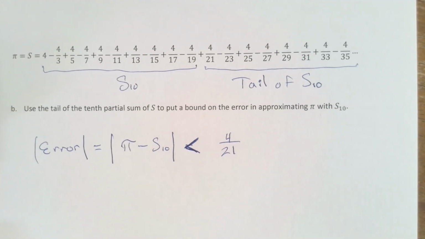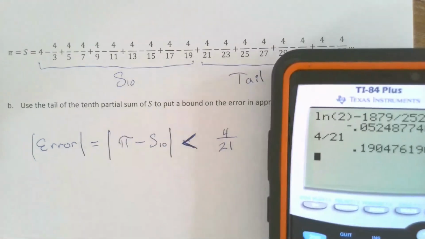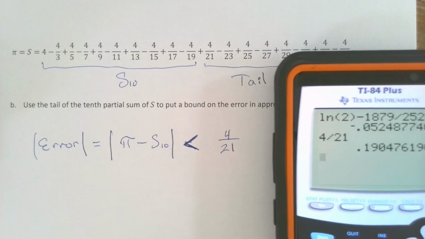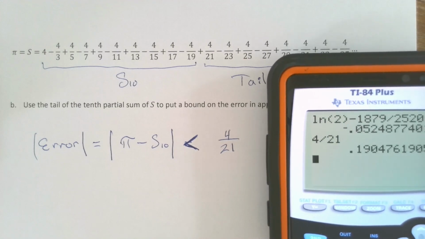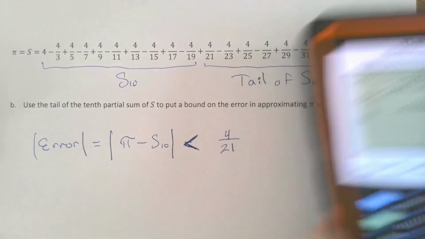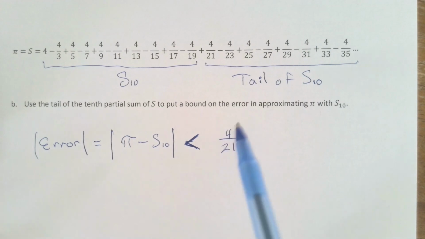Right? That's correct. Now, 4/21 is about 0.19. So it's actually a little bit bigger than 0.19. So anyway, that gives you a decimal feel for what our error is.